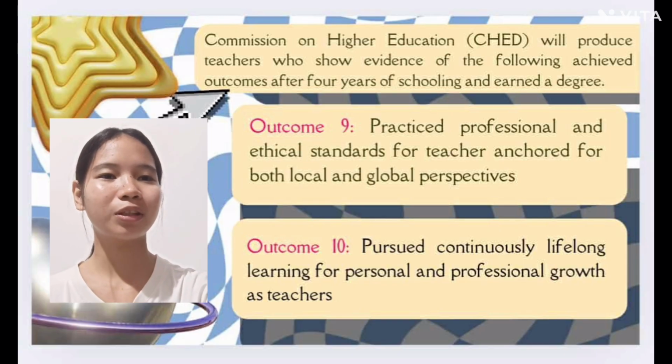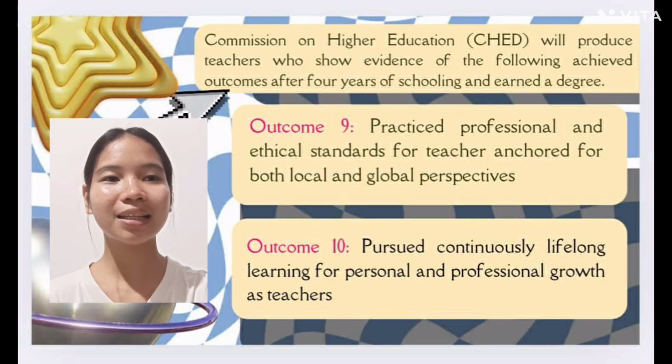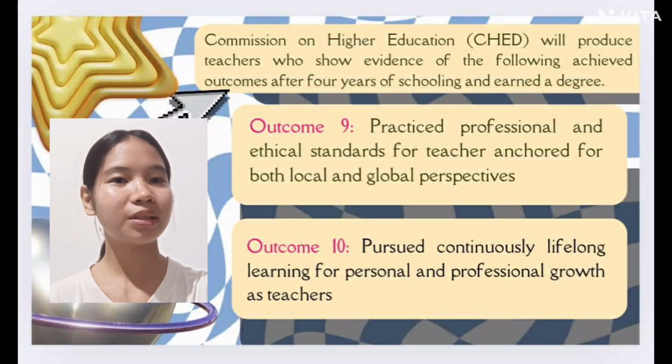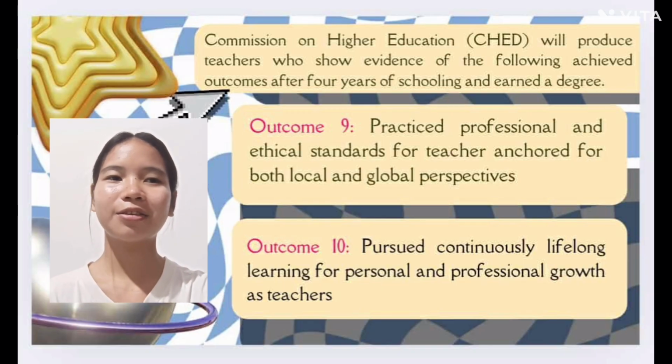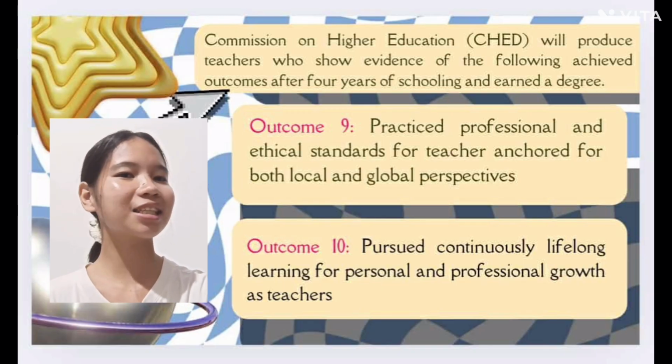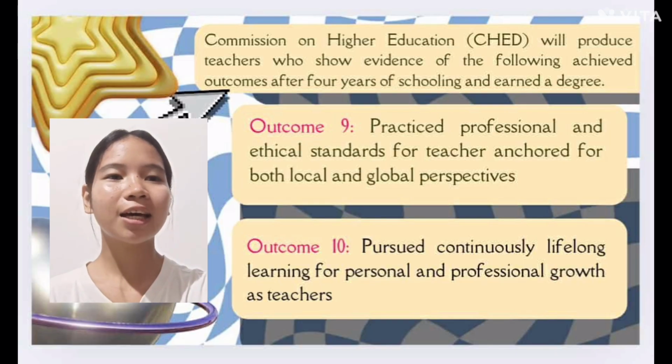Like, for example, a teacher might attend seminars, webinars, or even study again for a master's degree. They might also learn to use new technology like digital whiteboards or online classrooms. This helps them stay updated and better support their students.